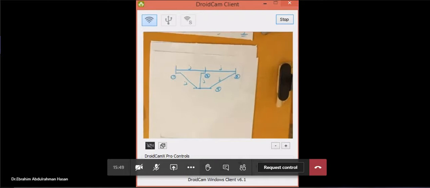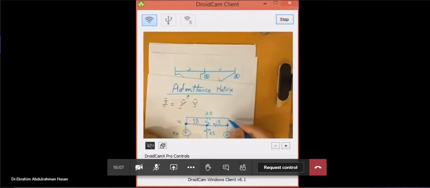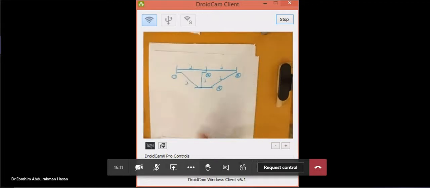Node 4. Yes, node 4. No, node 4 which is one part of this, node 4 is like this. It is node 4. And you know, it is always with respect to the ground. Okay, so this is with respect to the ground.